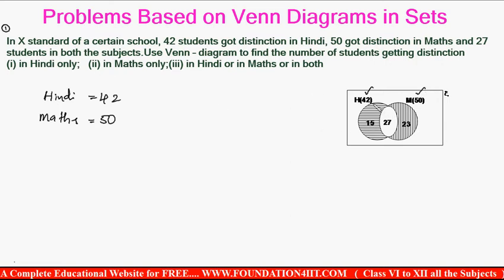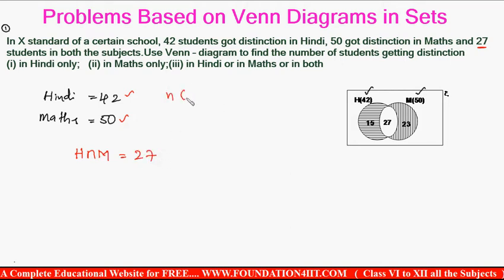Now, this first circle is entirely for the Hindi, and the second one is maths, because some students got distinction in both also. Okay, total in Hindi 42, in maths 50, but 27 students got in both. So 27 is the H intersection M, that is equal to 27.